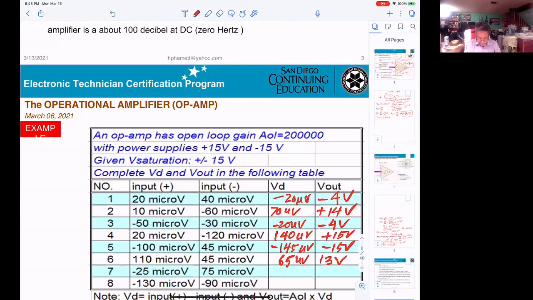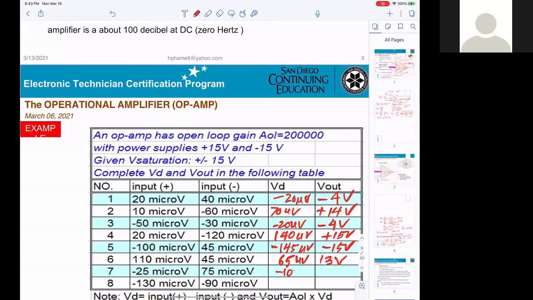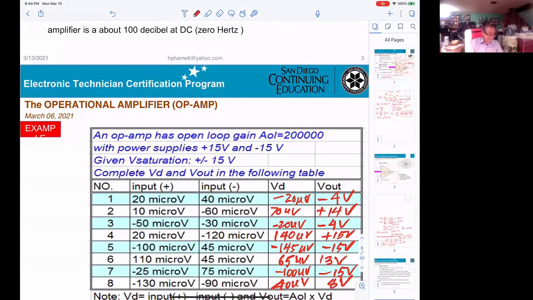Minus 100 microvolts. So that's saturated. Minus 15 volts. The last one is 40 microvolts. So it's equal to 8 volts. Perfect.